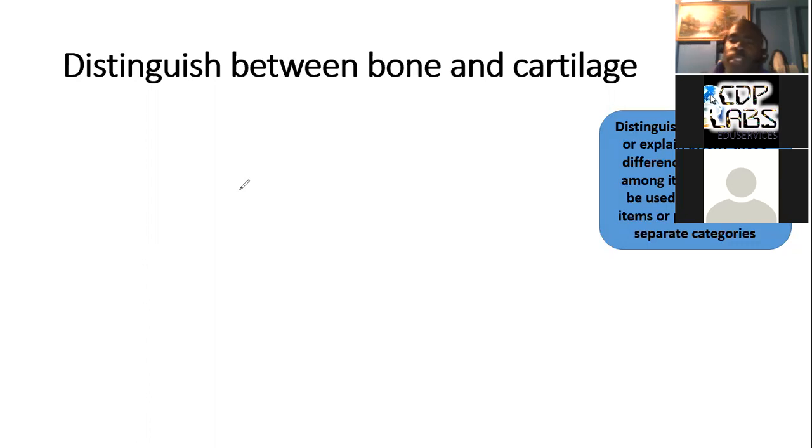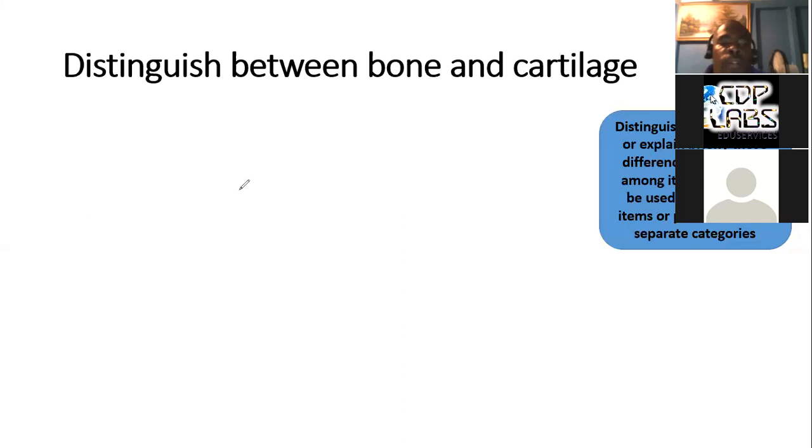So, state or explain briefly. So you don't need a long explanation. Those differences. So you're looking for the differences between the bone and the what? Cartilage. Good?